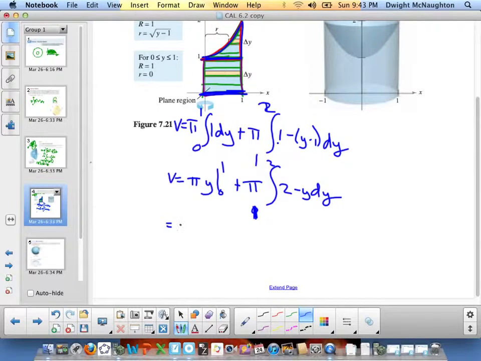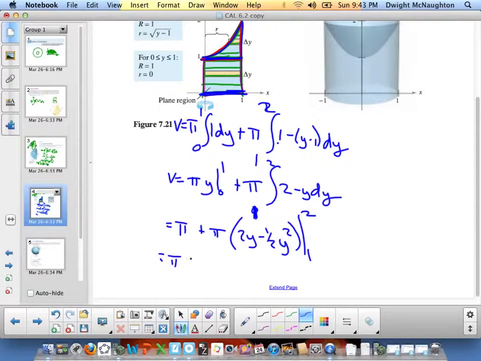So we got pi here when we plug in the 1 and the 0, plus pi times 2y minus 1/2 y squared from 1 to 2.